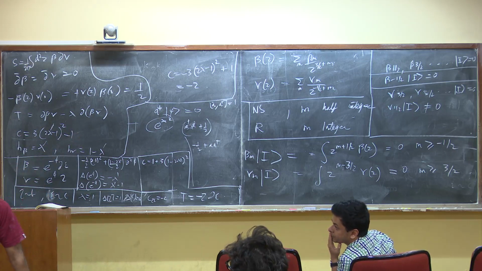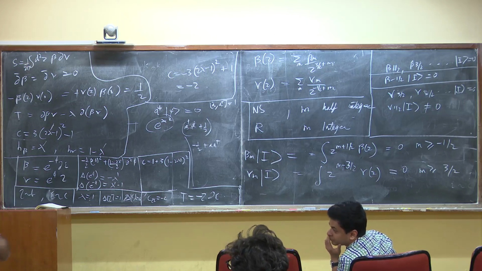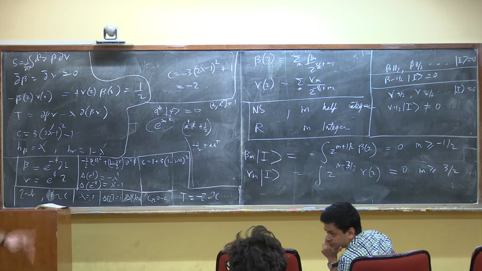Look at the state which is annihilated by A dagger. Write it down in the Schrodinger picture. Write down its wave function. A dagger on the state equal to 0 is a first order differential equation, which you can solve. When you solve it, you will find the wave function e to the power x squared. Just one sign changes between A and A dagger. What was e to the power minus x squared becomes e to the power x squared.